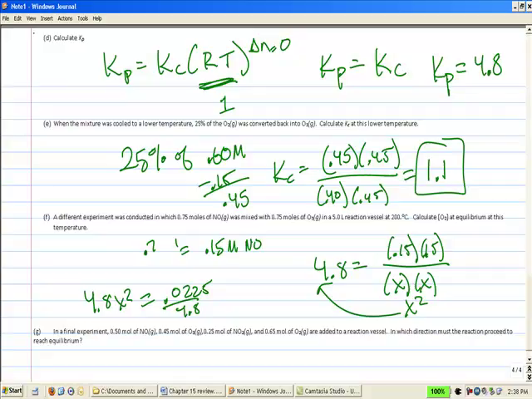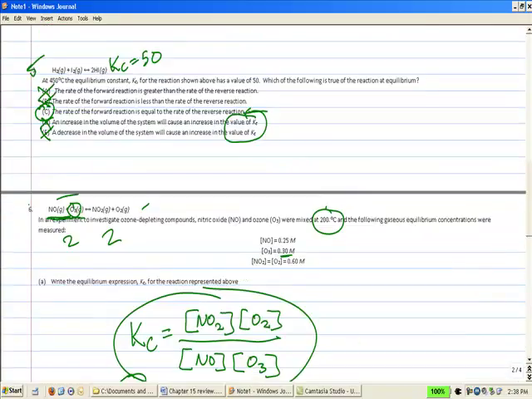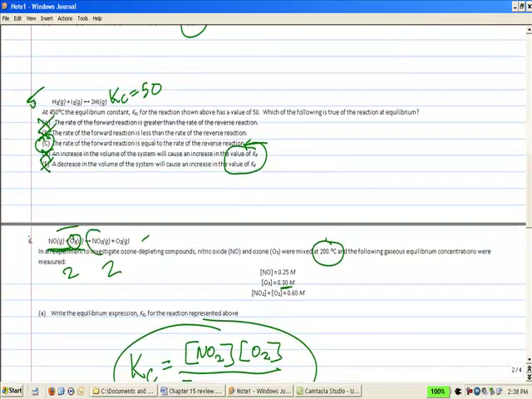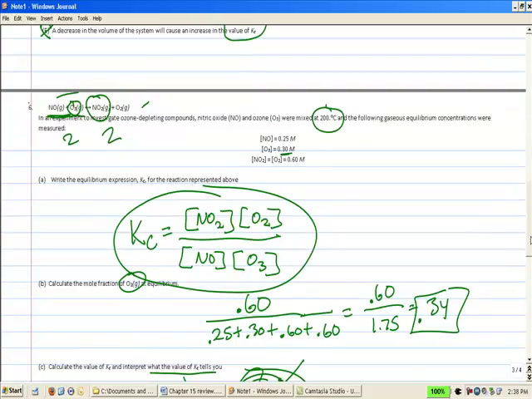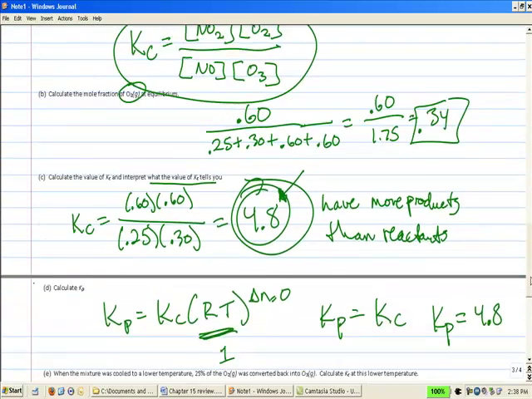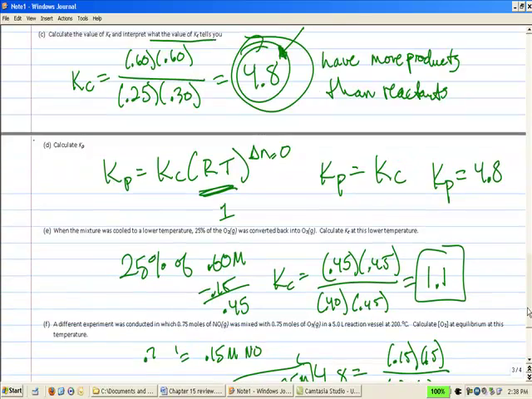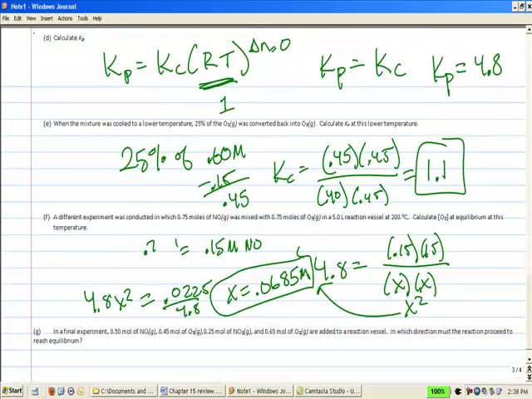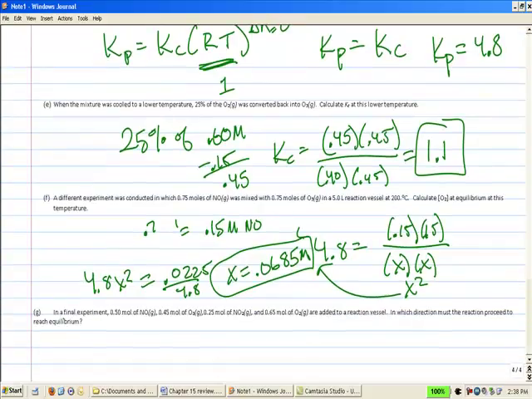So the square root of that, I get an x value equal to 0.0685 molar. And that would be the concentration of O2 at equilibrium. It would also be the concentration of NO2. So both of those together would give you a value of 0.0685 each.